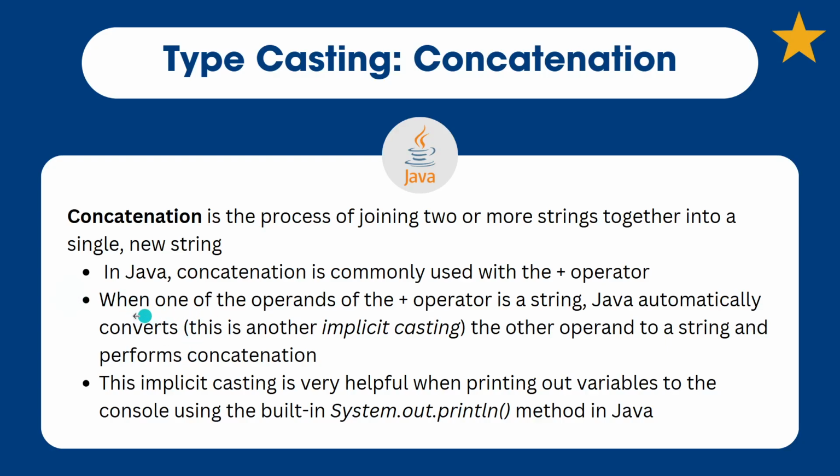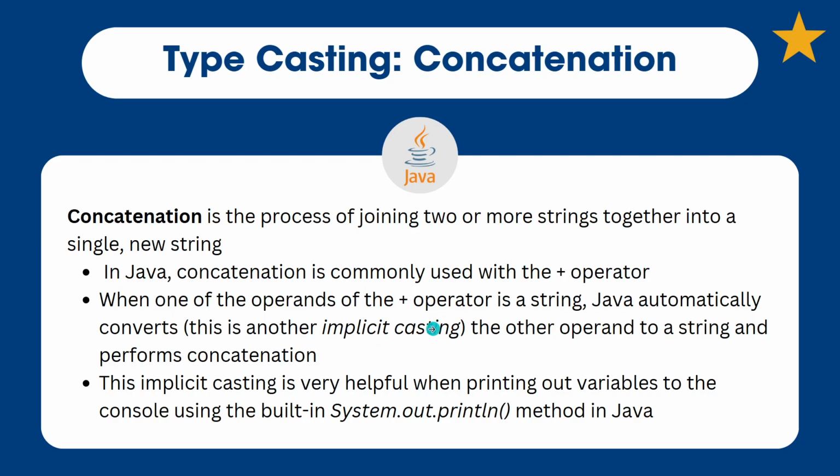There are cases where some of the things you're adding together or concatenating are not all strings. So you can concatenate a string, for example, with an int. The cool thing about concatenation is that Java will automatically convert all the other operands, all the other things that you're combining, into strings.